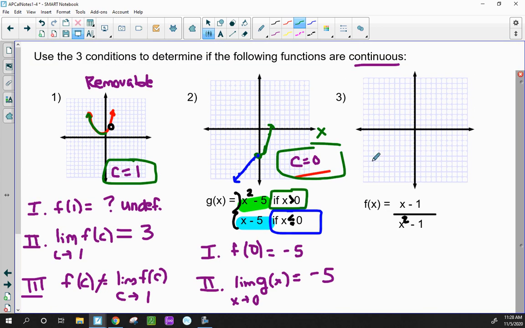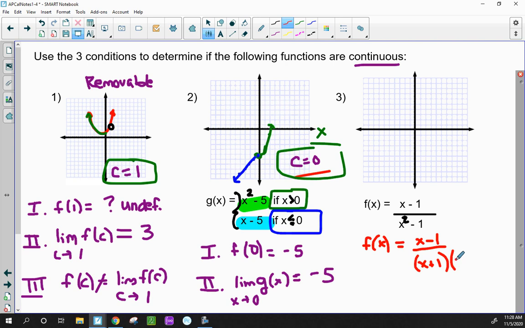In example 3, I see f of x is equal to x minus 1, divided by x squared minus 1. When I'm looking at that problem, I notice right off, and hopefully you do as well, that the denominator is a DOS, a difference of squares. Anytime I see that, I want to simplify. So I want to call x squared minus 1 x plus 1 and x minus 1, multiplied together.